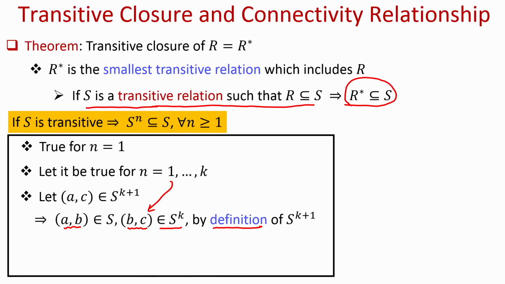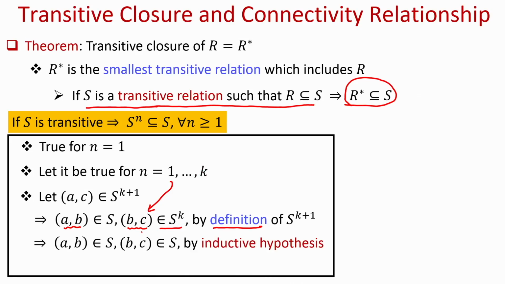Since (b, c) is present in S power k and the statement is true for n equal to 1 to k, that means this (b, c) is present in S as well, because S power k is a subset of S as per my inductive hypothesis. So, now I have (a, b) present in S and (b, c) present in S, and I can say that (a, c) is also present in S, because the hypothesis of the statement that I am proving is that S is transitive.